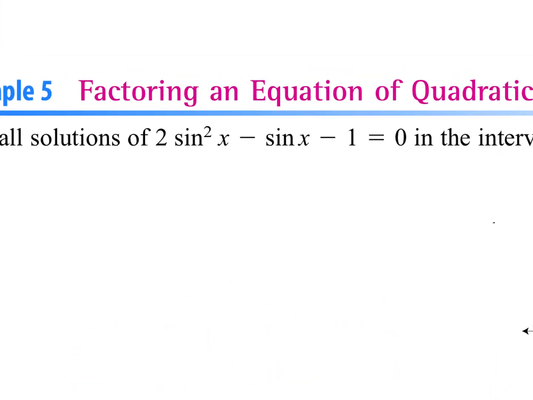Anytime you have a trig function squared and a trig function that's not squared, we're going to have to factor. So this is kind of in the form as 2x squared minus x minus 1. If it helps you, write it as this and factor it that way, and then just replace your signs back into the x's. How would I factor this?